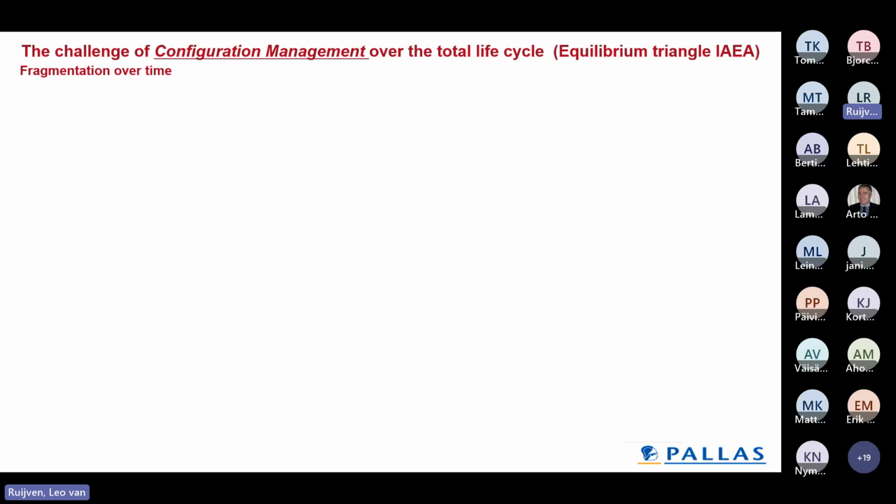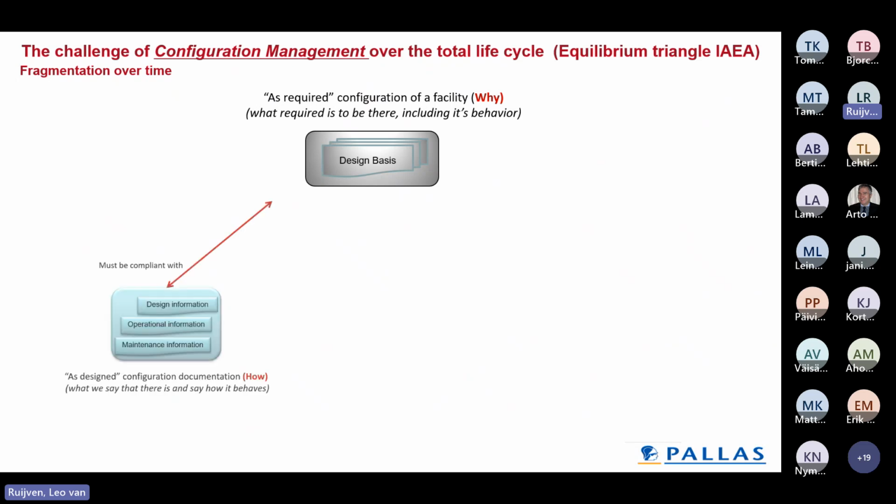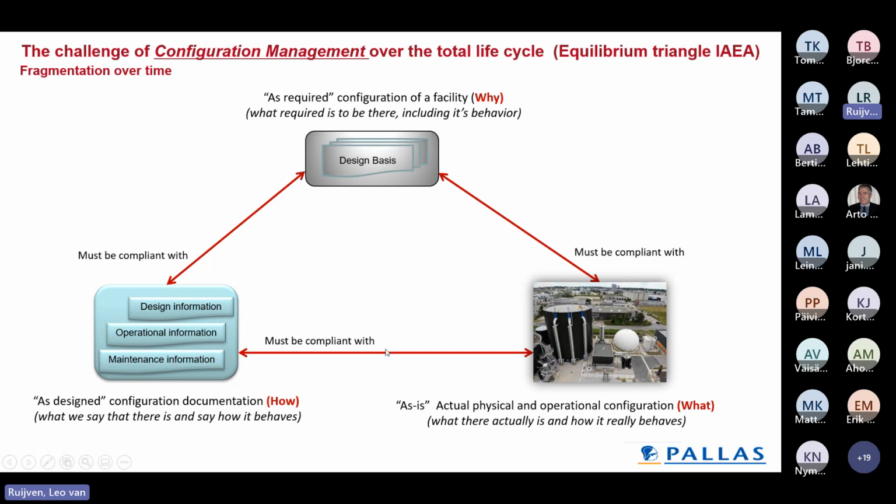The other challenge is the fragmentation over time. We have the world of the required, which defines the requirements, what is there to be there, including its behavior. We have the world of design and realization, which makes the how of the facility, and we have the as-is, the as-built situation of the plant.